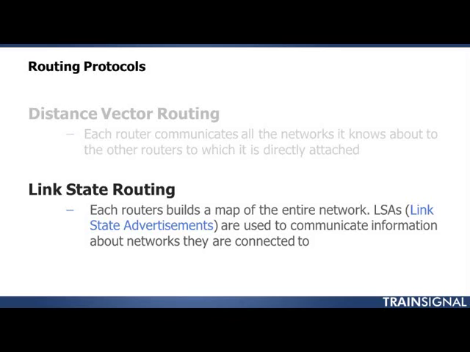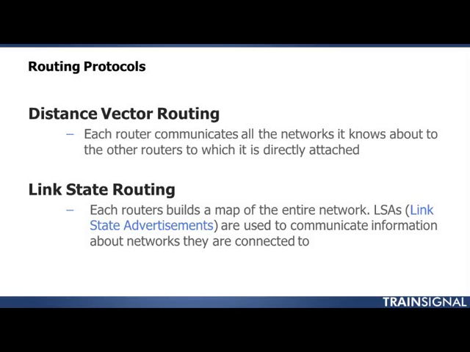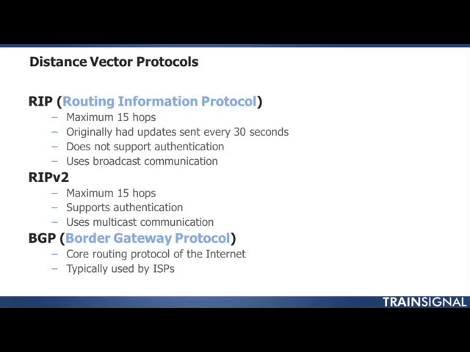There is something called link state advertisements, or LSAs, that are then used to communicate the information about all the networks that they are connected to. And in this case, communication only takes place when a change has actually been made. Okay, so that's kind of the difference here on the type of routing protocol that we're using. So now I want to talk to you about some of the specific protocols.